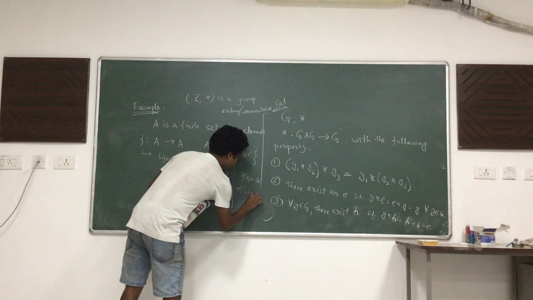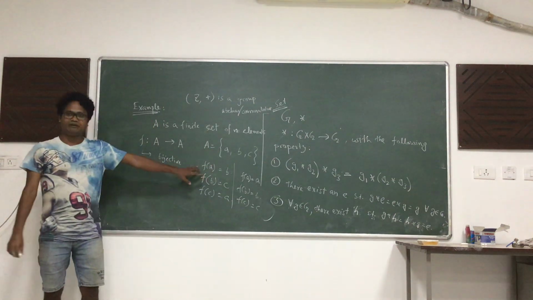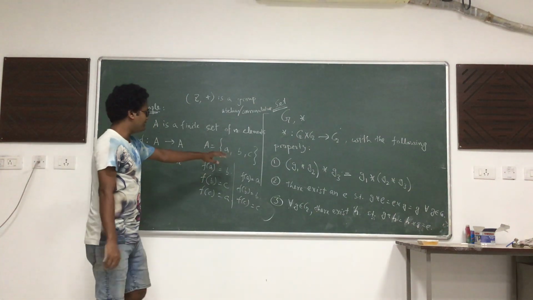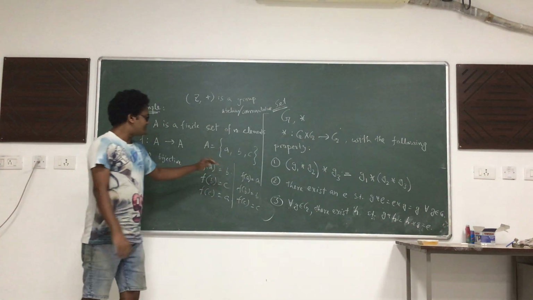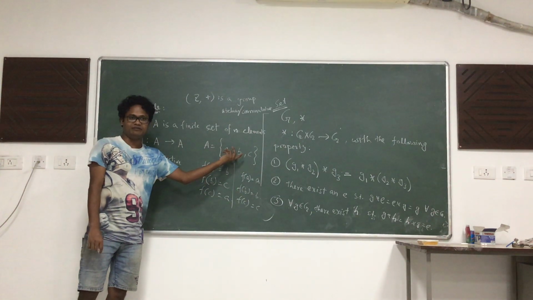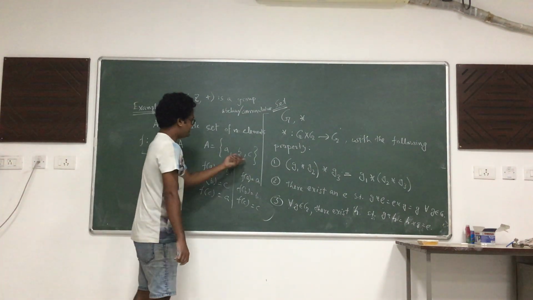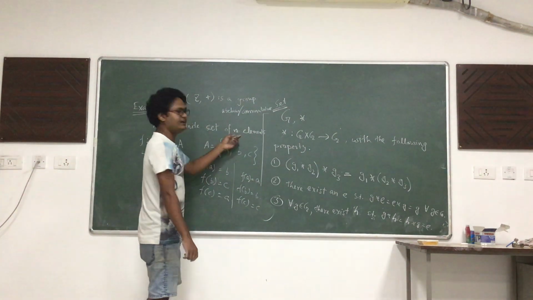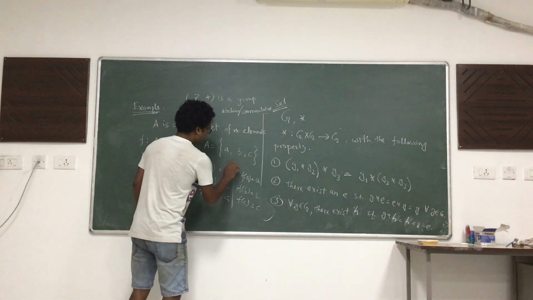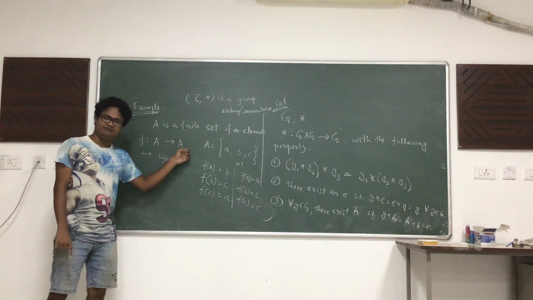So there are many bijective mappings, not many, there are a finite number of them. They can be obtained by permuting the elements of the set. If there is a set with n elements, there are n factorial functions which are bijective mappings from A to A itself.